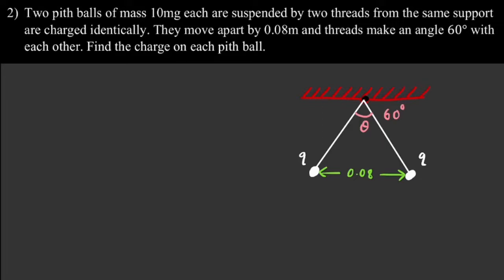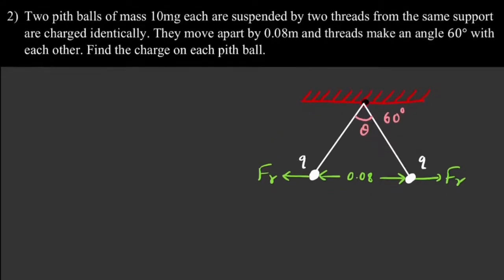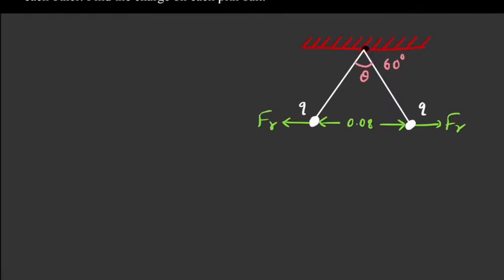As you can see, there is a repulsive force between the two charges. This repulsive force is in this direction, and also this repulsive force is in this direction. So on each charge there is a repulsive force away from each other. And because in the numerical the mass of each ball is given, that is 10 mg, one more force is acting on each charge.